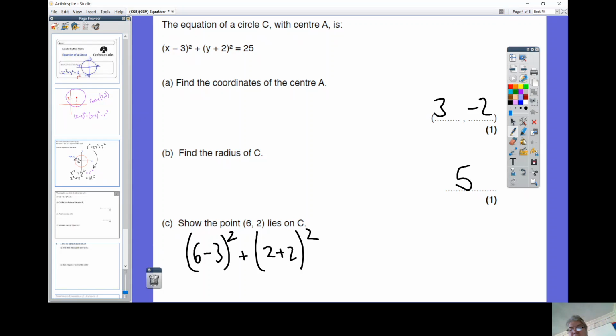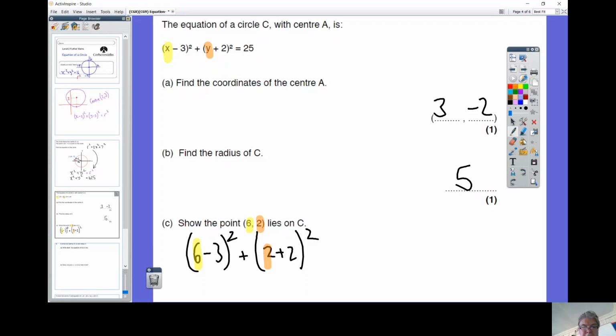Okay, so to prove that something lies on the circle, it satisfies the equation. So there's my 6, I've subbed it in. There's my 3, there's my 2, I've subbed it in. And then, fingers crossed, you actually do get 25.